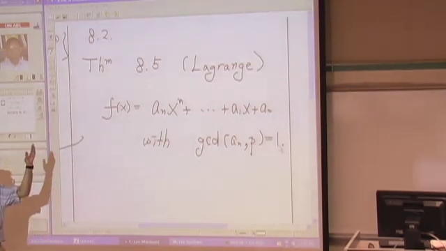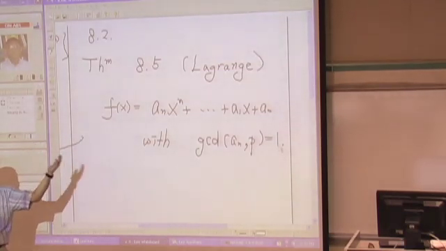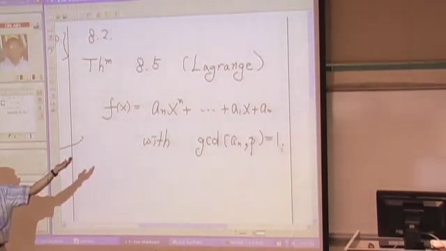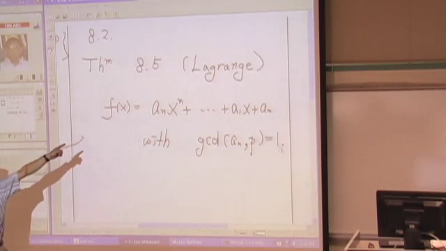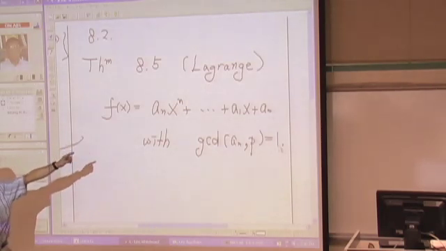In other words, we want to create a degree n polynomial. But assume that somehow the coefficient we pick is divisible by p, then it is equivalent to 0, right? That means it already has less degree than we expected. So we don't want that.